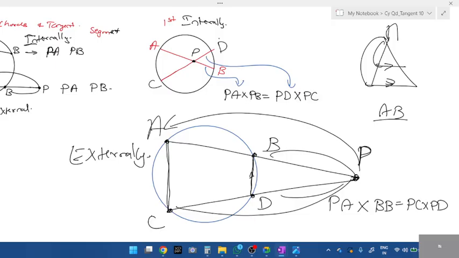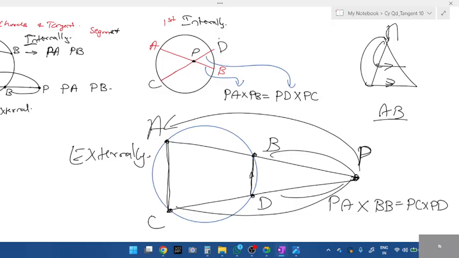Okay, what are PA and PB? What is PA, PB, PD, and PC? Are they angles or side, students? Side. So this formula we use to find side values, not angles.